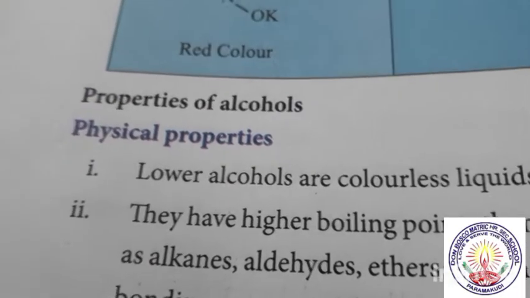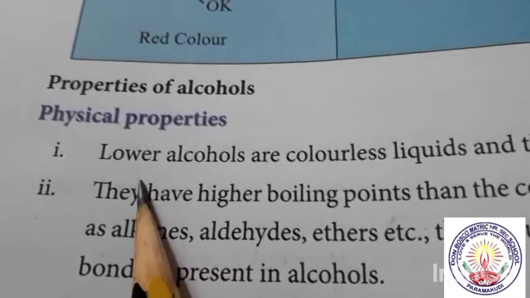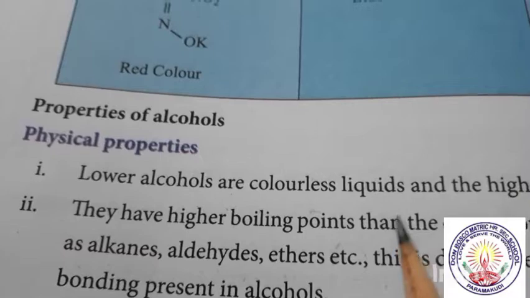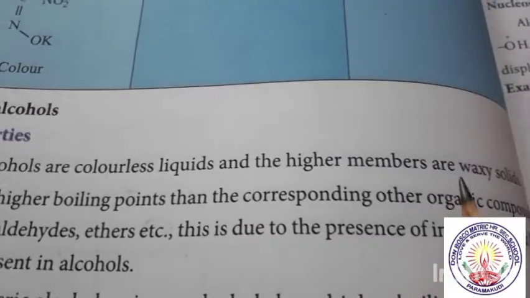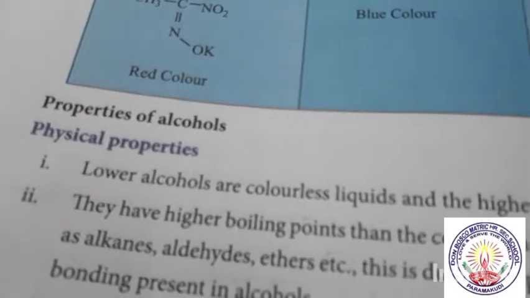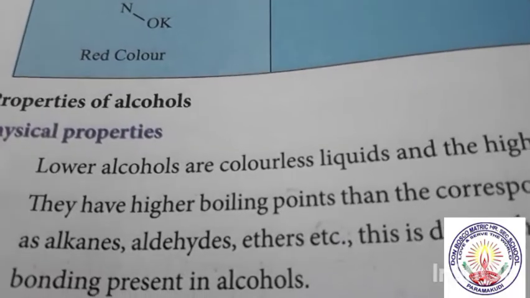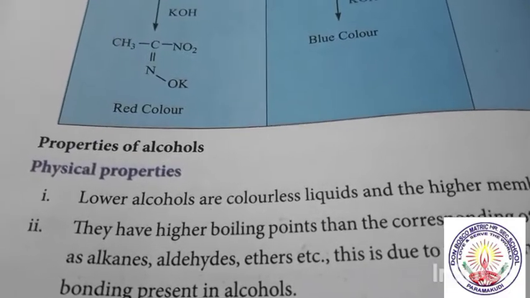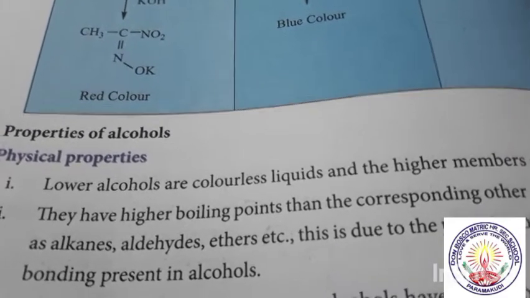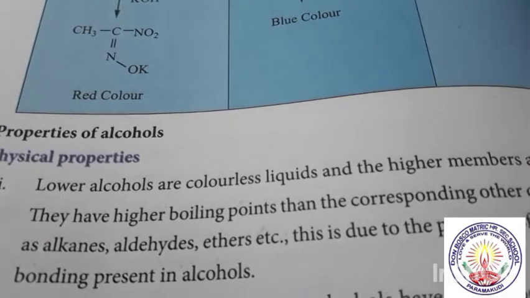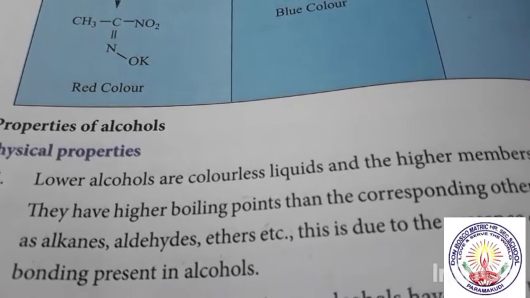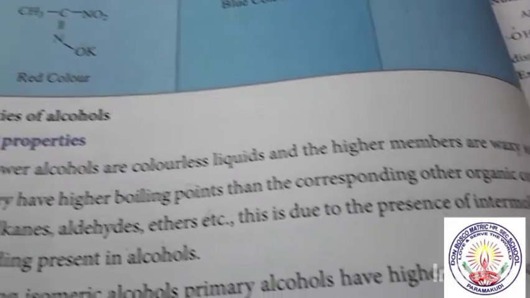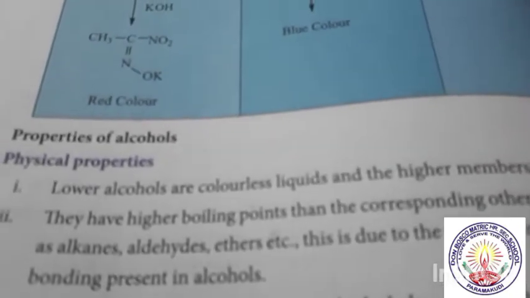Properties of alcohol. Physical properties. Lower alcohols are colorless liquids and higher members are waxy solids. They have higher boiling points than the corresponding other organic compounds such as alkanes, aldehydes, ethers, etc. This is due to the presence of intermolecular hydrogen bonding in alcohol.